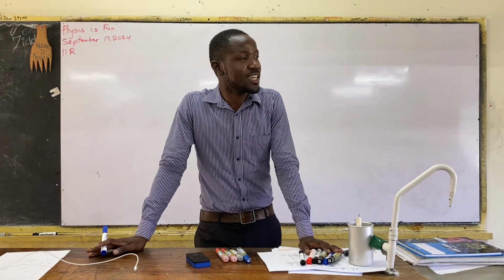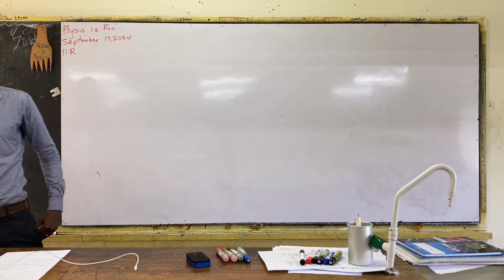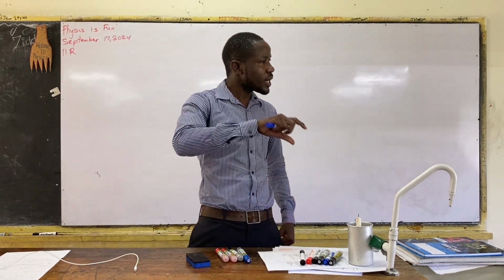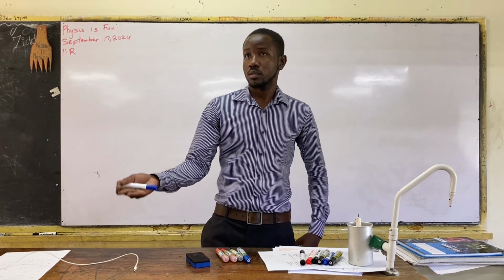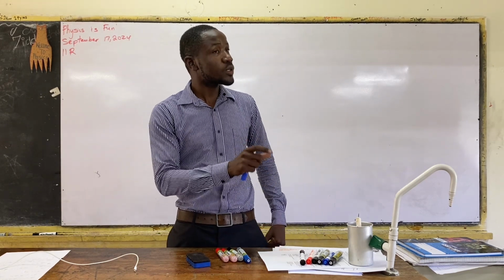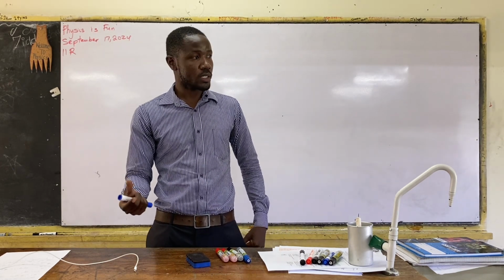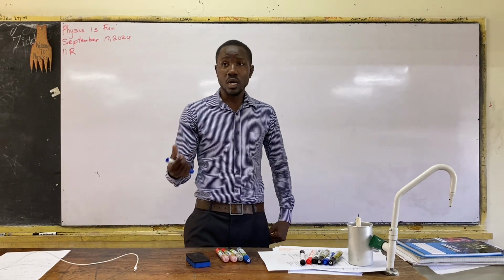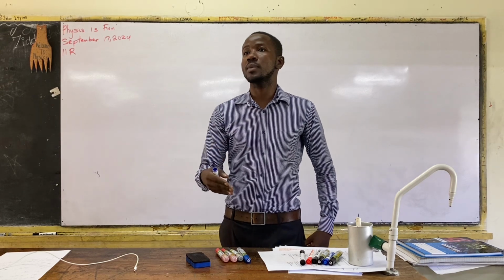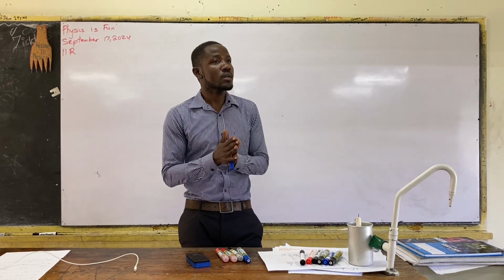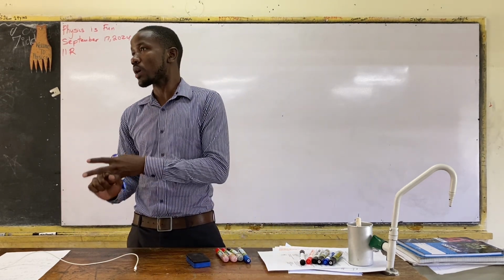Remember we said there are three essential properties we look at: pressure, volume, and temperature. For Boyle's law, because we're looking at the pressure and the volume, we have to ensure that the temperature is constant, right? So there is a relationship between the volume and the pressure when we keep the temperature constant.